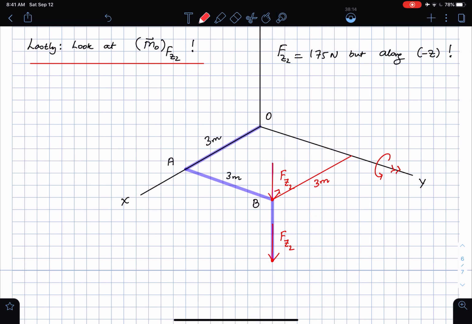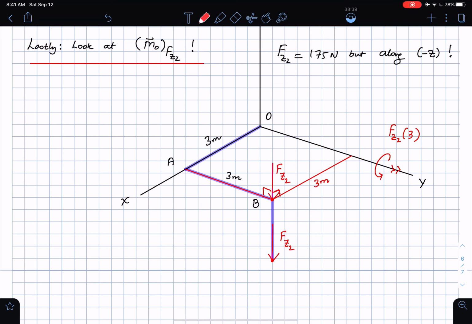Okay, if you use the right hand rule, Fz2 times a distance of 3 meters is going to be producing a moment about the positive y direction. And then likewise, this is immediately recognizable, that if I draw a line here, that is also going to be at right angles.